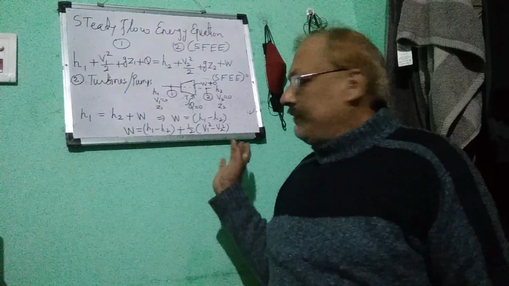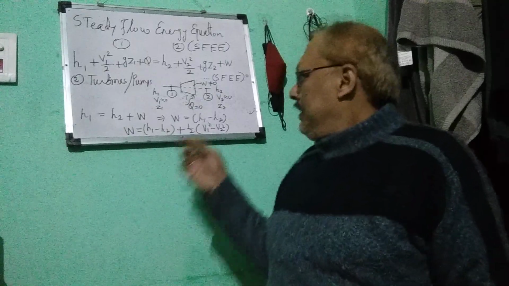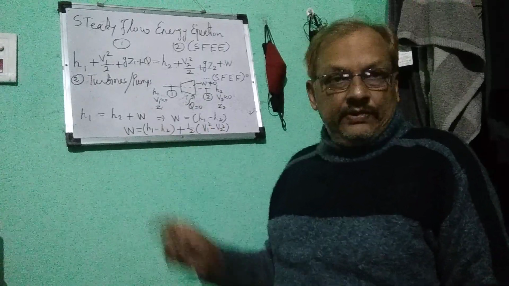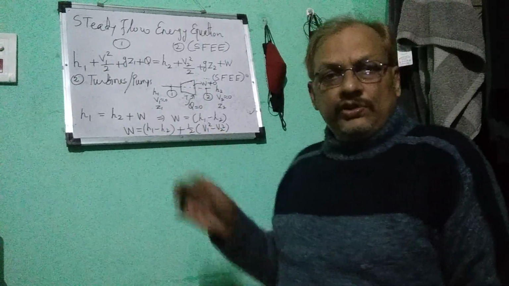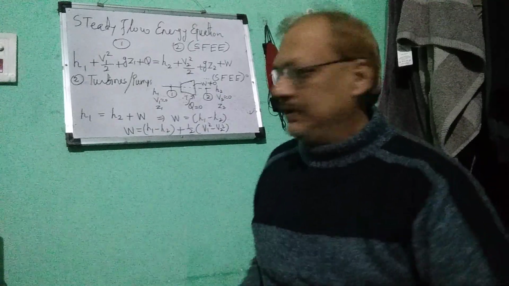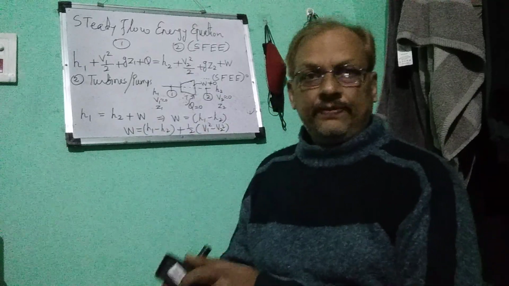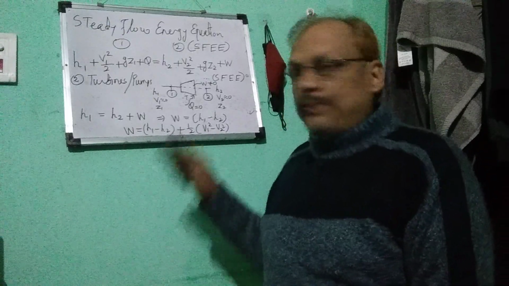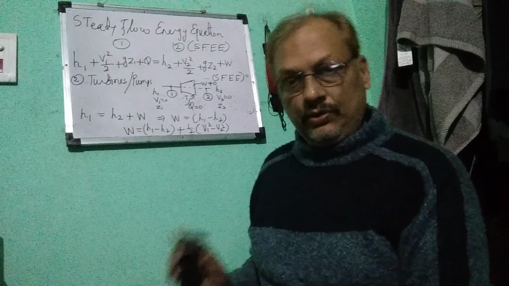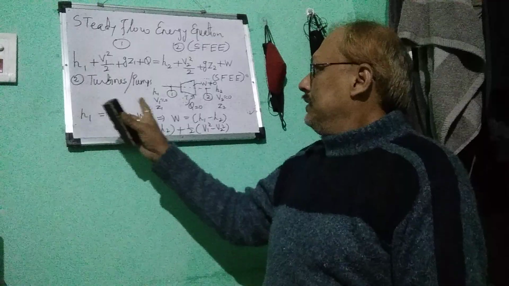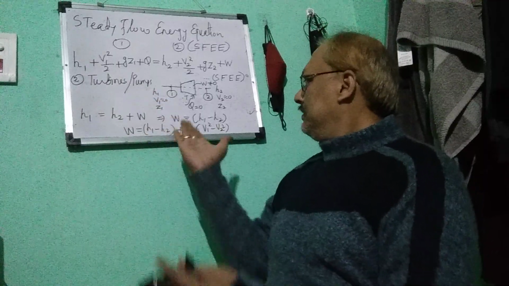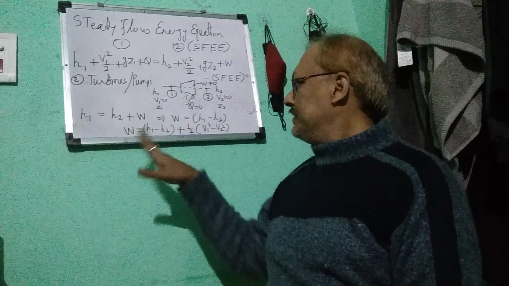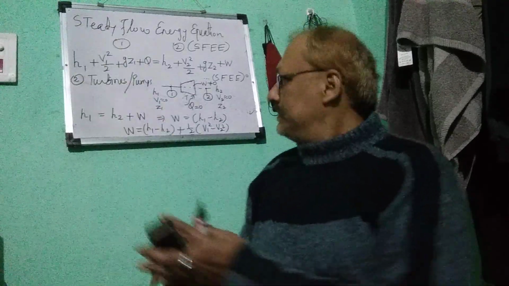Look, V1 and V2 are very small compared to the enthalpy terms, and their squares are extremely small, so this could be safely discarded. But if data is given, you have to calculate it. And for pumps it is vice versa, signs will be changed: H2 minus H1, because there the enthalpy is increasing.